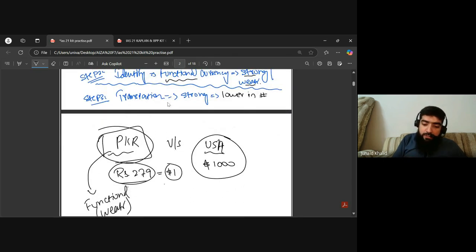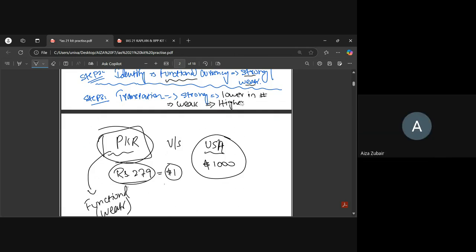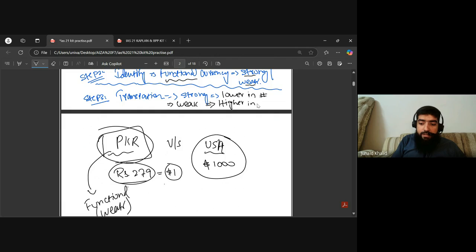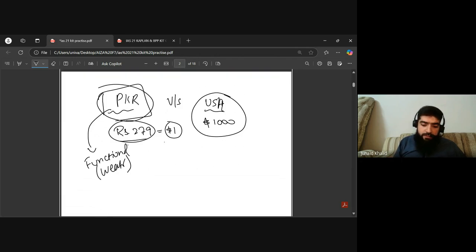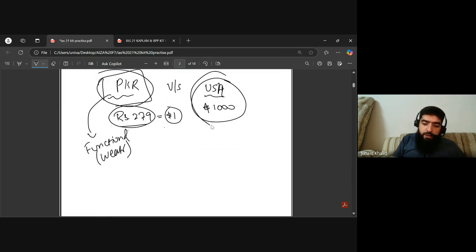And if your functional currency is weak, it's going to be higher in number. How? Let me prove it. If I bought goods for $1,000 and want to calculate how much amount I have to pay in Pakistani rupee, I will multiply it by 279, right?